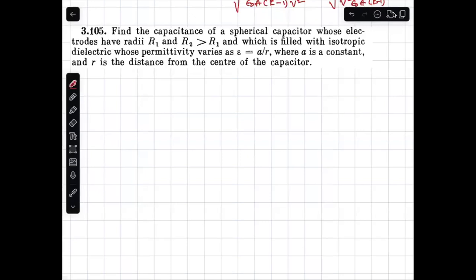Find the capacitance of a spherical capacitor whose electrodes have radii R1 and R2, with R2 greater than R1, and filled with some material whose permittivity is epsilon, not epsilon R. You can convert it like this: the dielectric constant varies as A epsilon naught by r.